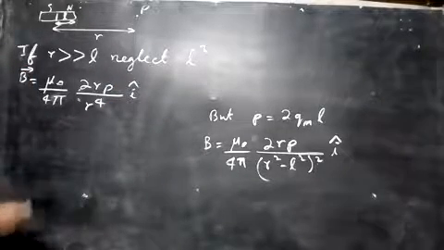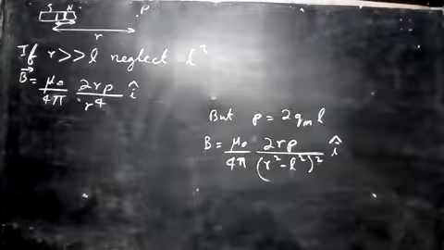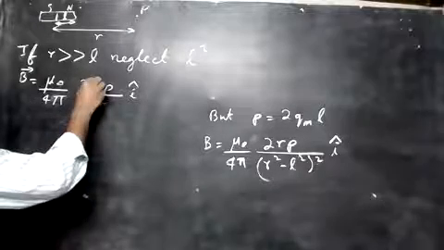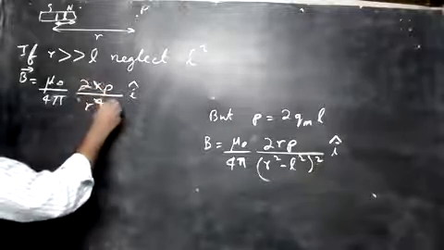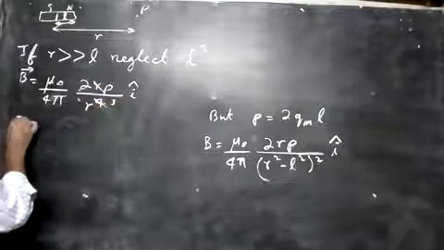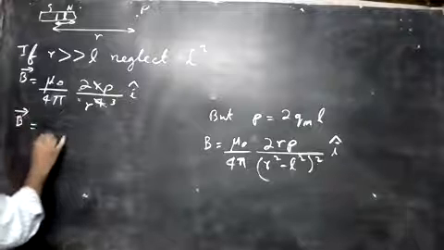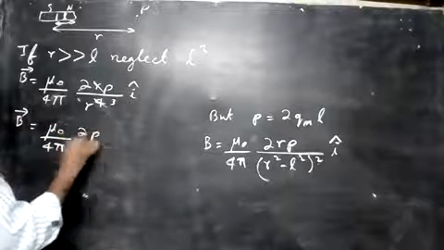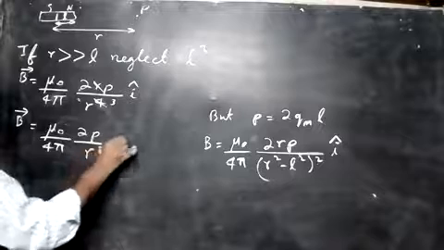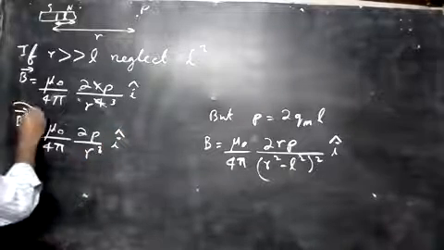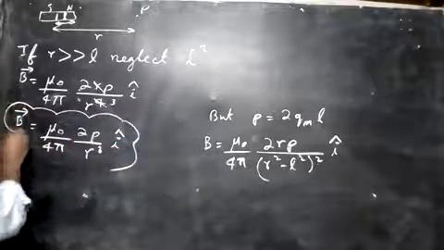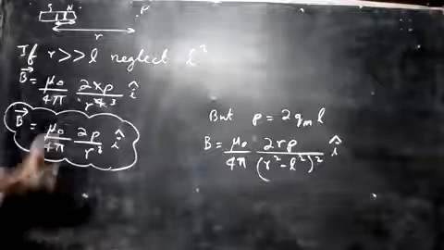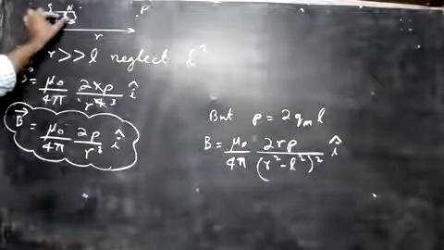So r and this power 4 will cancel, and we get r³. So the magnetic field B is equal to μ₀ by 4π into 2P by r³ into î. This gives us the magnetic field for a small magnet, where the magnet is small compared to the distance.